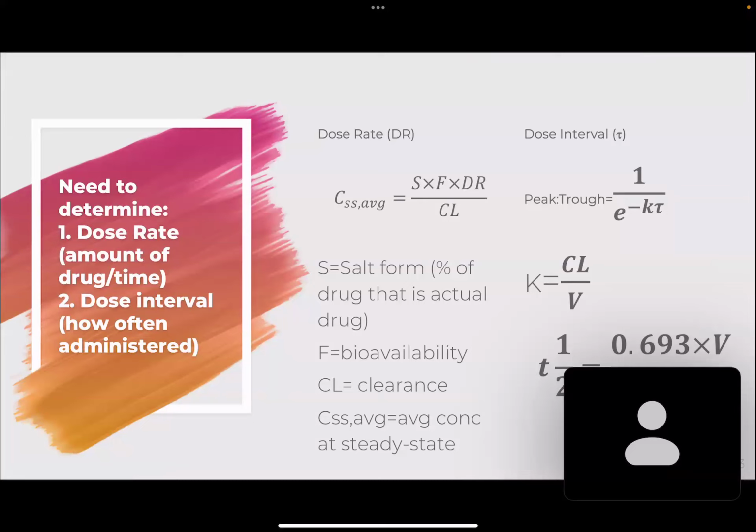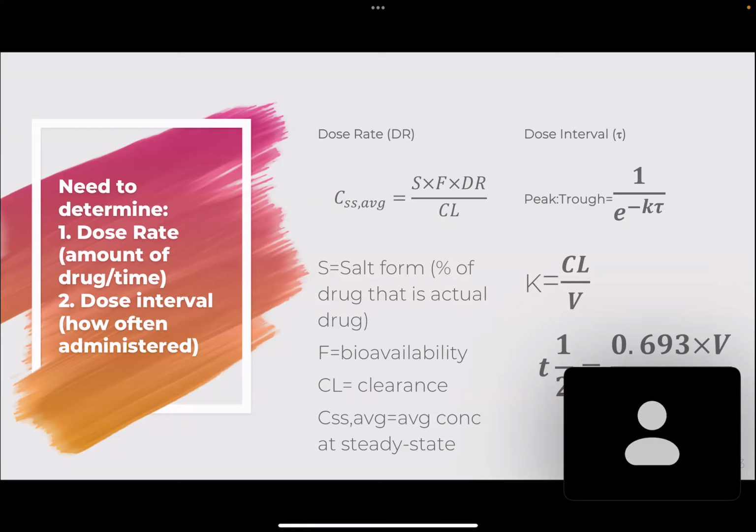And as you know, we need to determine the dose rate, which is the amount of drug we're giving per time, and then the dose interval, which tells us how to chop up that dose rate. So how often do we need to give the drug, right? And we know that in order to determine our dose rate, we're going to be targeting a particular CSS average, right?